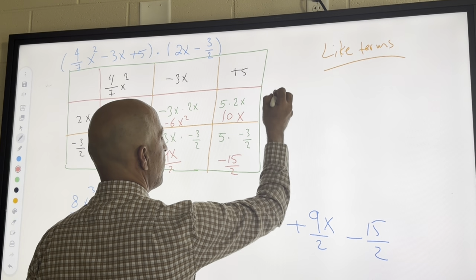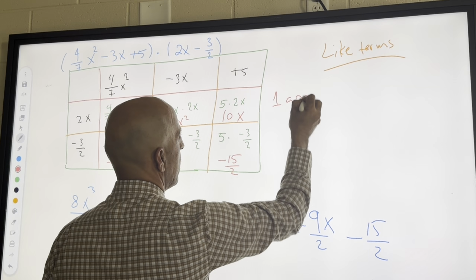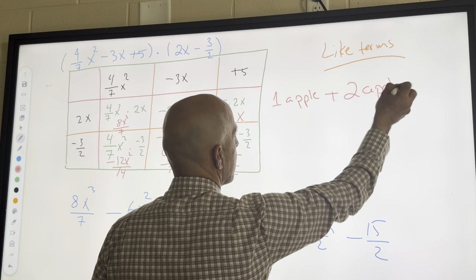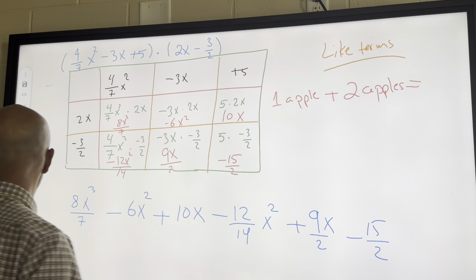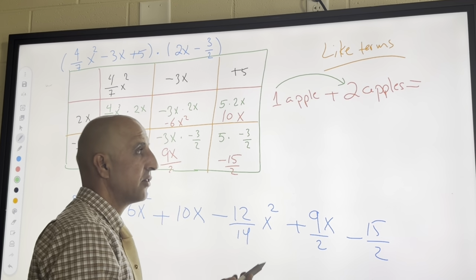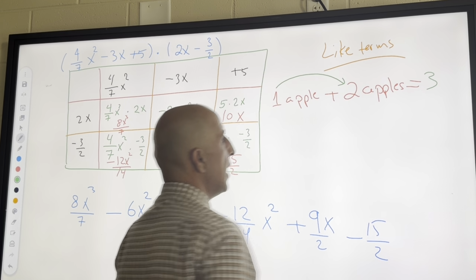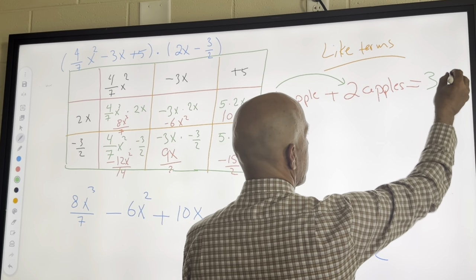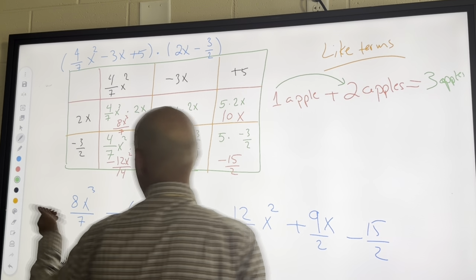For example, if you have one apple plus two apples, I believe all of you will say immediately we add 1 and 2 to get 3, and what we have is apples, so the answer will be 3 apples.